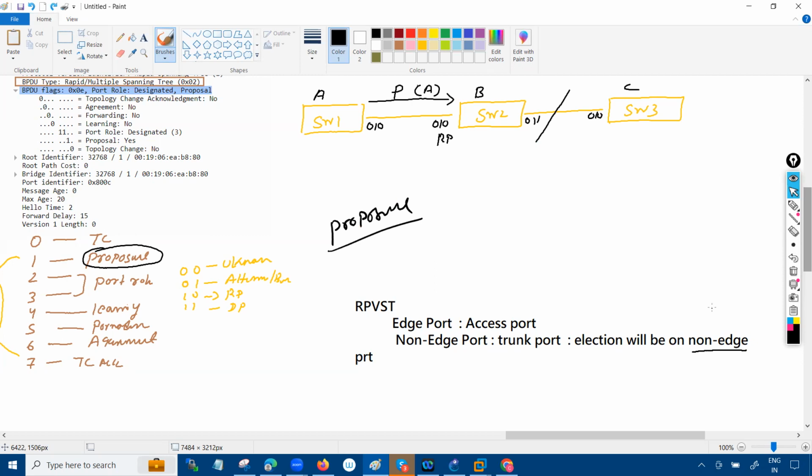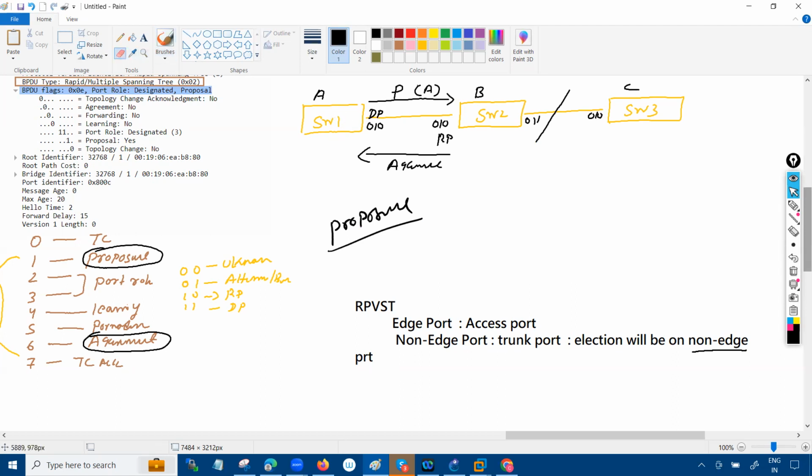Once switch 1 sends a proposal flag, switch 2 will receive it and say, okay, switch 1 has a lower bridge ID, that is A. I will convert this port into the RP, and it will send the agreement flag by turning on the agreement bit. When switch 1 receives it, it will convert this port into the forwarding state. So switch 1 is the root bridge.